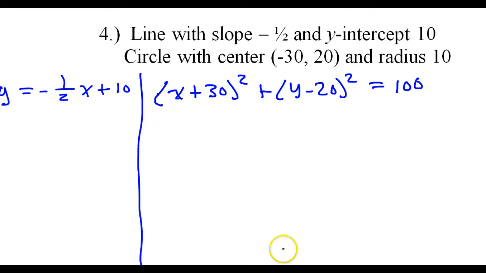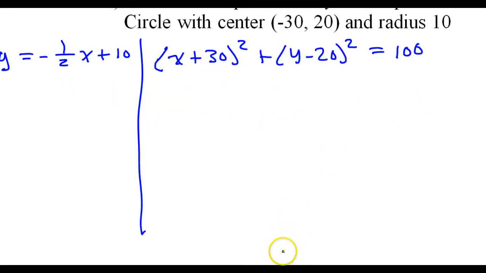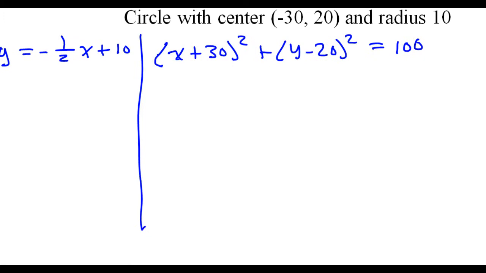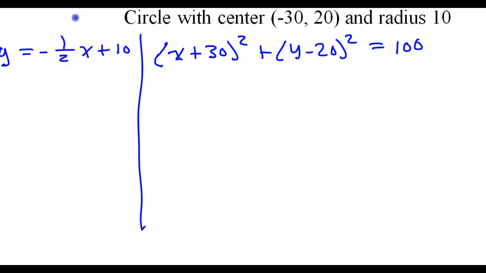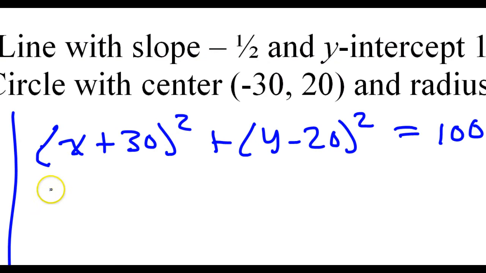Okay, we're going to have to flatten this out. It's a little bit more complicated than the last one. In fact, I might have to switch to a smaller pen and write a little smaller. Okay, so this guy right here is going to be x plus 30 times x plus 30.